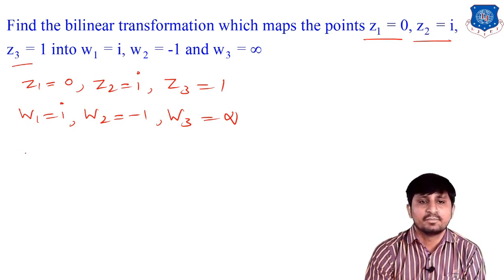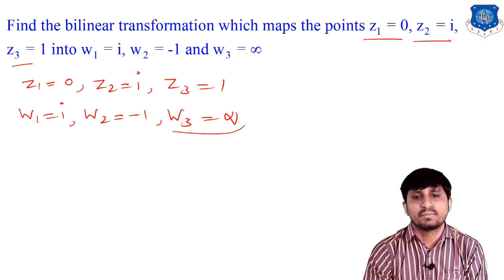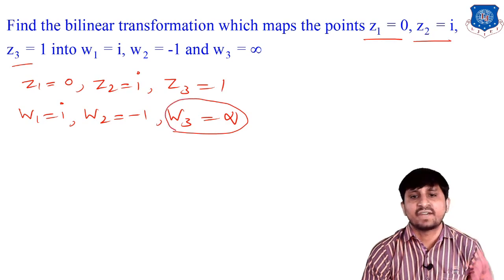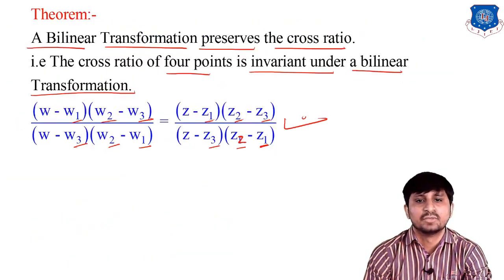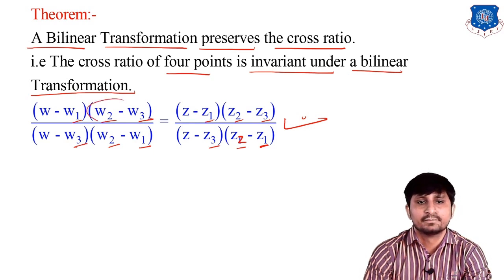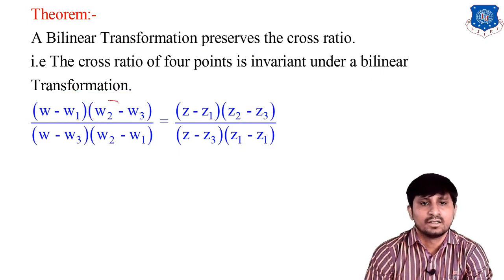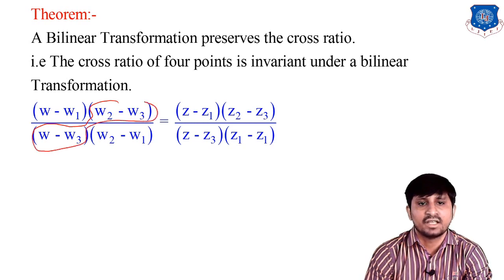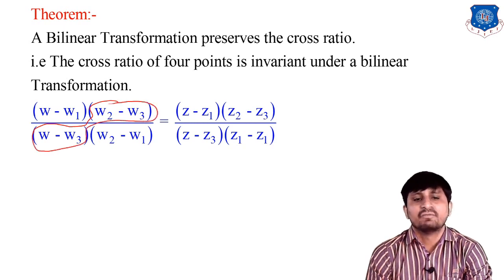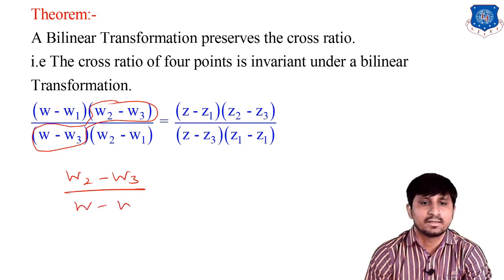W minus W1. Just try to understand this concept: because W3 is equal to infinite, the term W2 minus W3 upon W minus W3 becomes 1. Why? Because we have W2 minus W3 upon W minus W3.